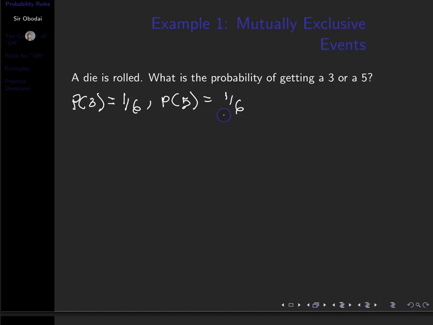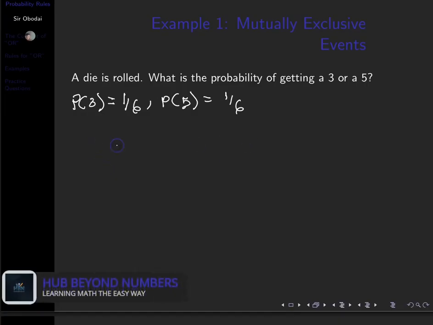So now that we have the individual probabilities of our events in question, what do we do? It says, what is the probability of getting a 3 or a 5? Talking of or, we know that this kind of events are mutually exclusive, meaning they cannot occur together.